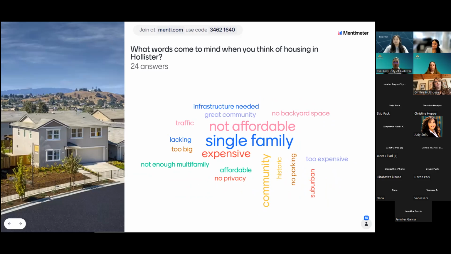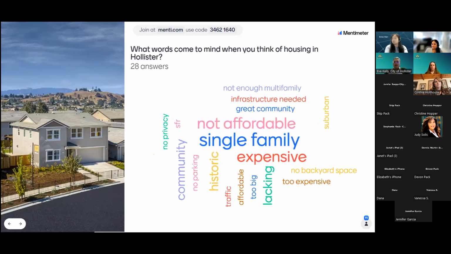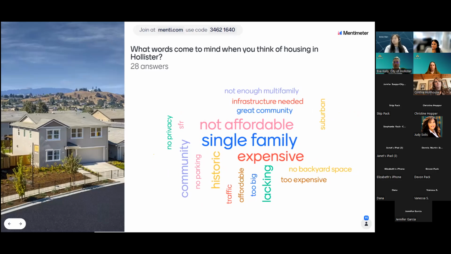Right now we have houses on the market, and the median home price is $710,000. Overall, the history of our meeting the RHNA has been successful on the above market rates, but it has been falling down completely on very low income production in particular.